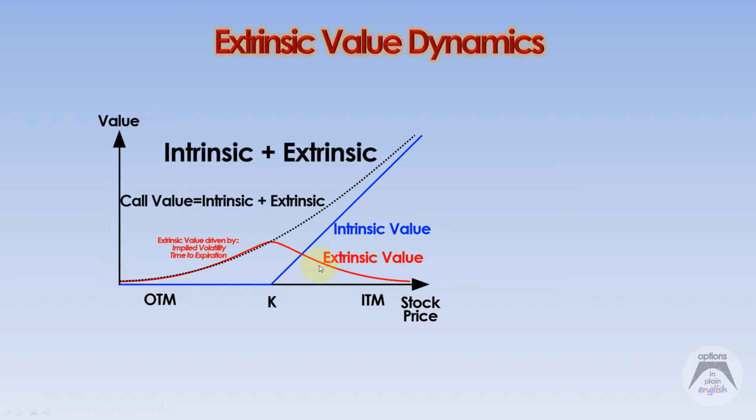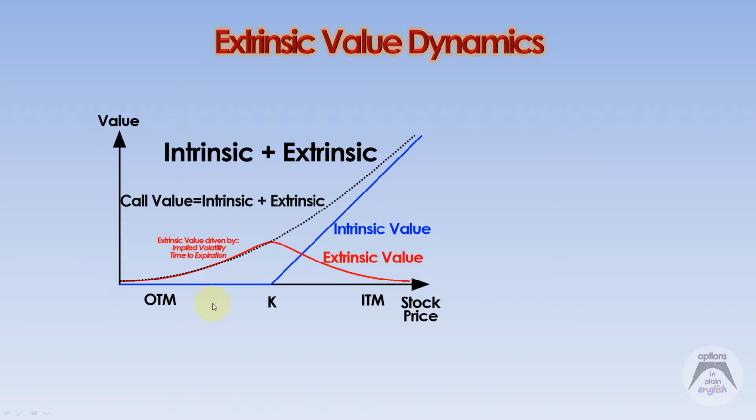It is that intrinsic and extrinsic are completely different. Intrinsic only depends on the price, as we were saying. So anything that's when the price is below, and remember, we're analyzing a call here, but the same analysis applies to puts only on the other side, so pretty much reversed.